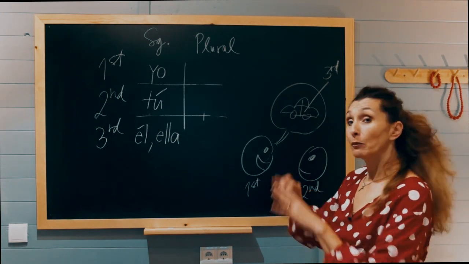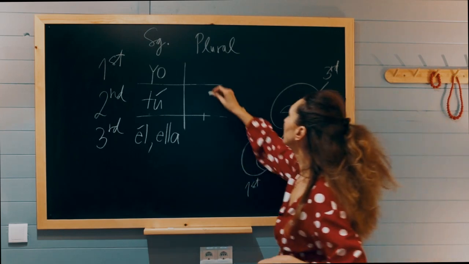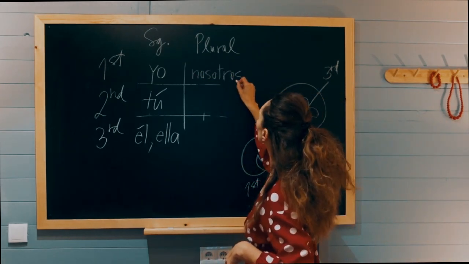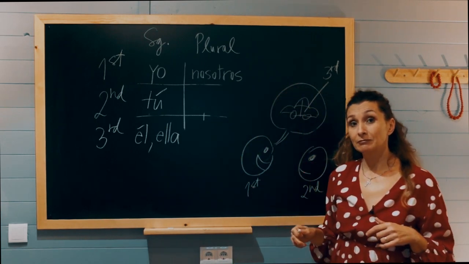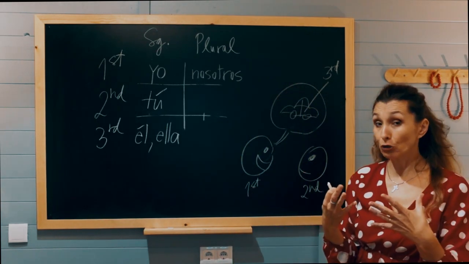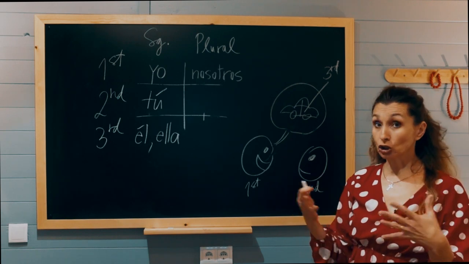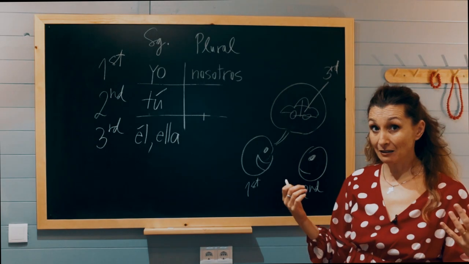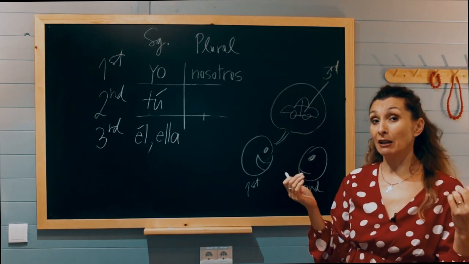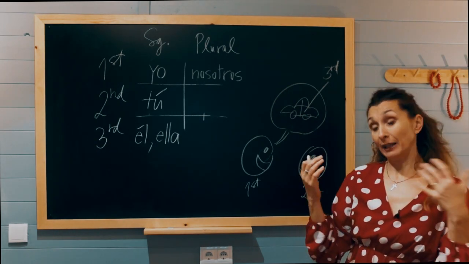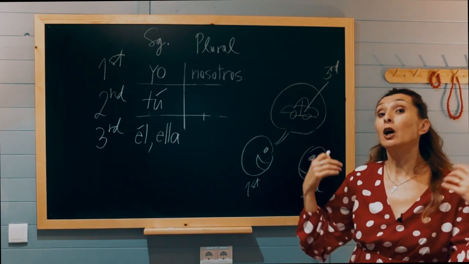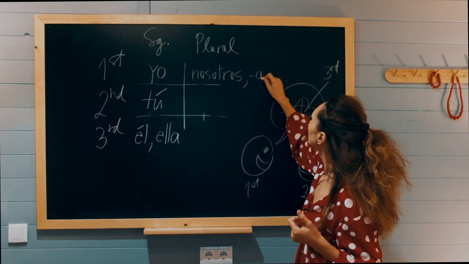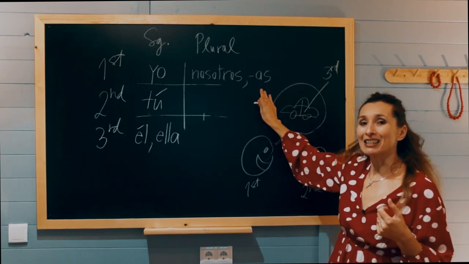In a second. Plural, we, is nosotros. If we're a mixed group, nosotros. If we are a group of only men, nosotros, but if we are a group that only consists of women, then it's nosotras, us.